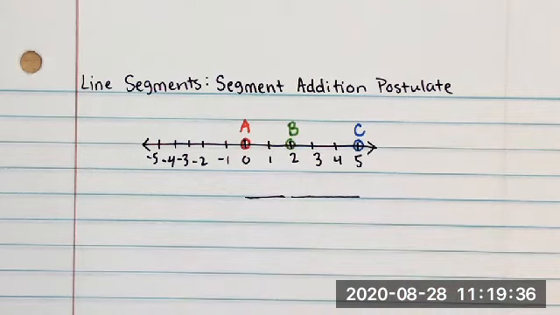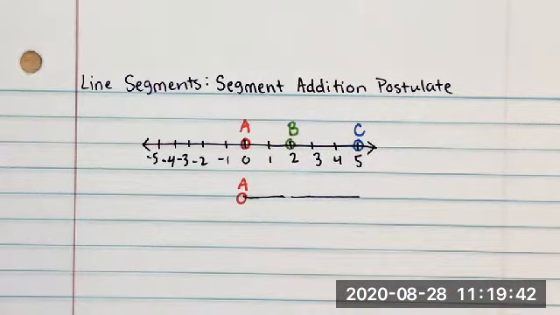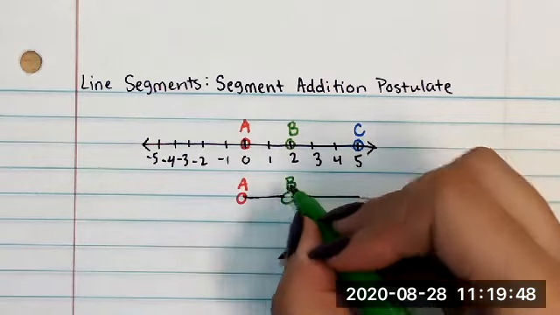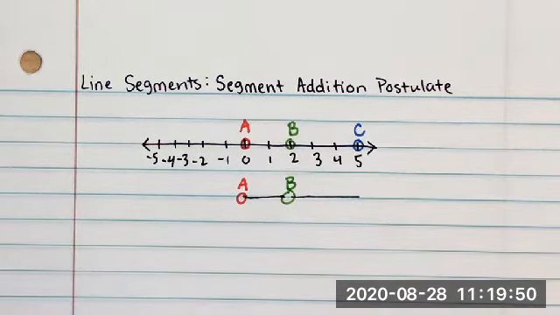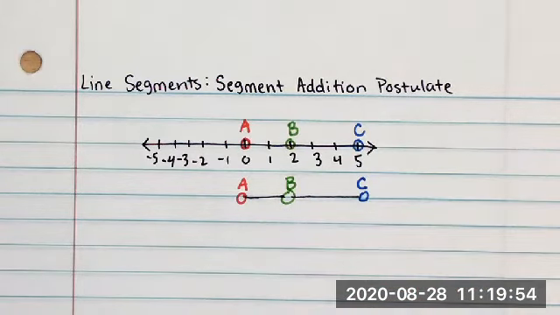So we can imagine these two line segments that I'm talking about with A, B, and C, except one has visual things that we can use to count the length.